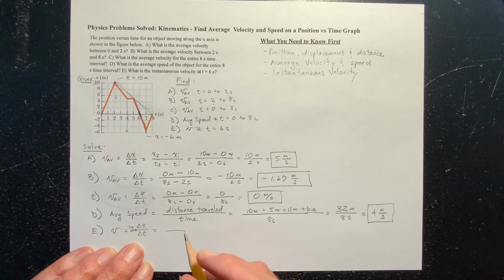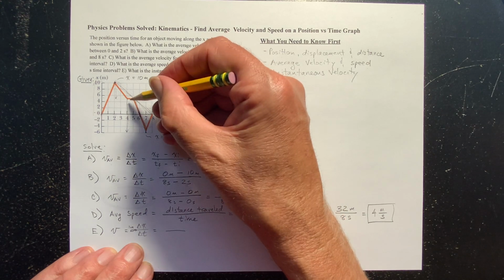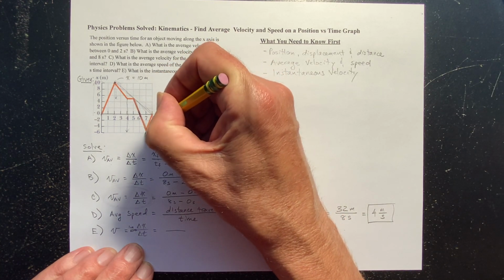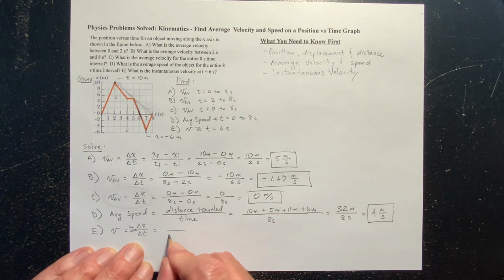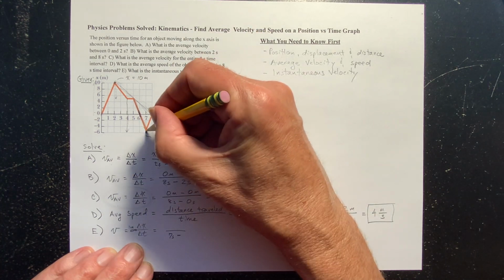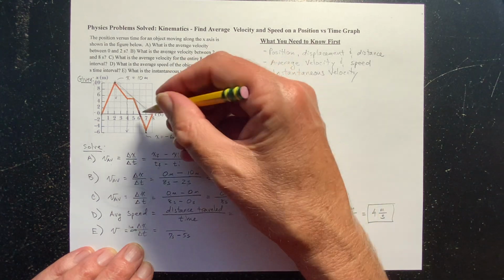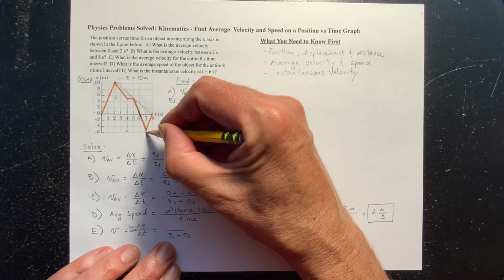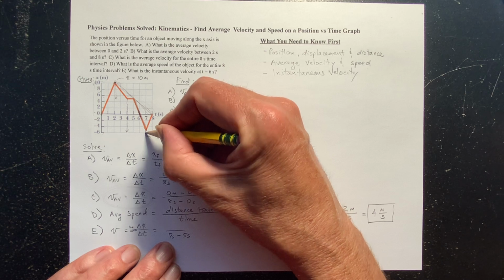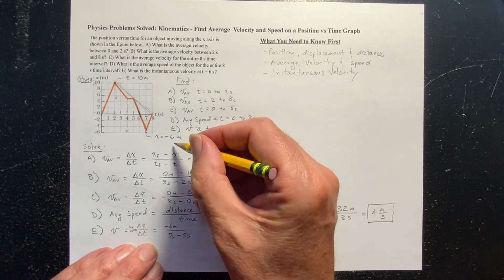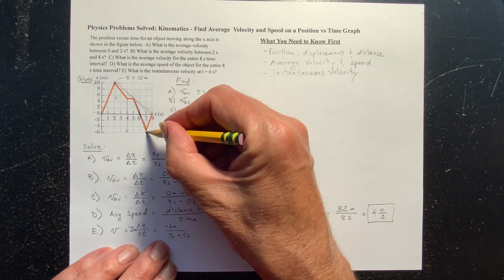So let's do that. Now, what I'm going to do is start here and end here. So this ends at 7 seconds, but it started at 5 seconds. And at 7 seconds, the velocity is negative 6 meters. I'm sorry, not the velocity, the position is negative 6 meters.